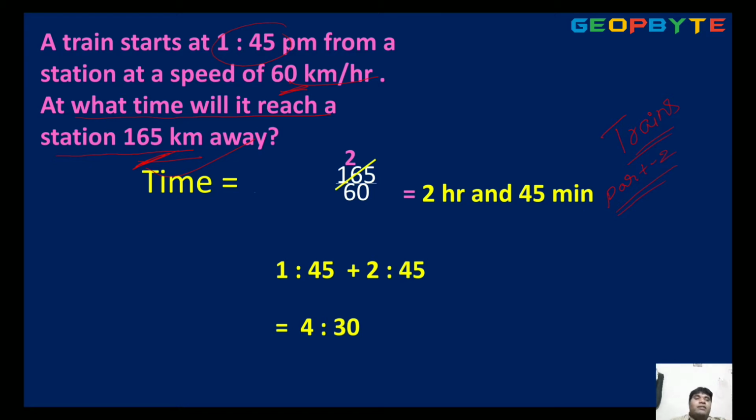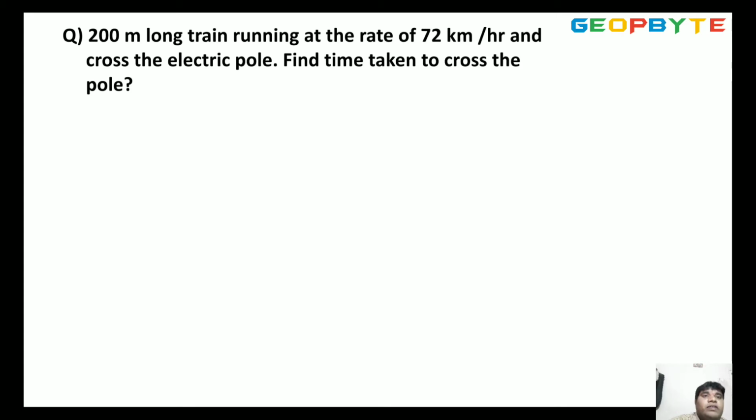Okay, children. Next. A 200 meters long train running at the rate of 72 km per hour crosses an electric pole. Find the time taken to cross the electric pole. Observe, length in meters, speed 72.